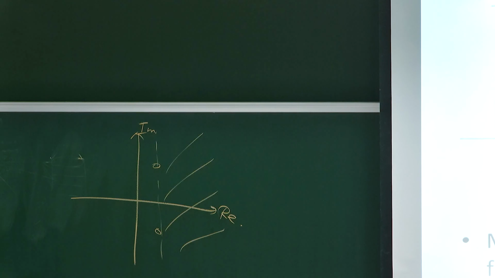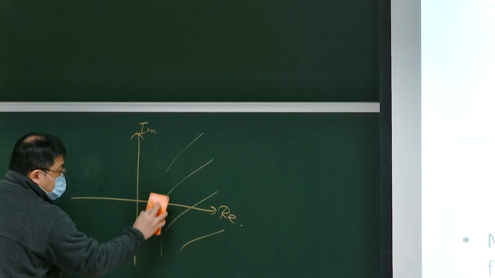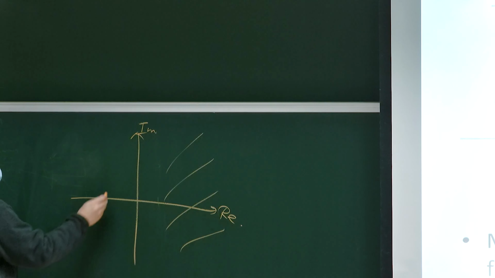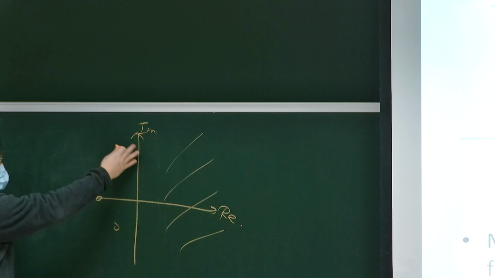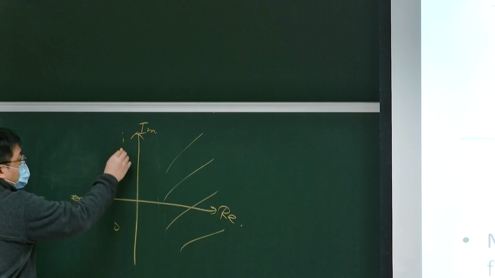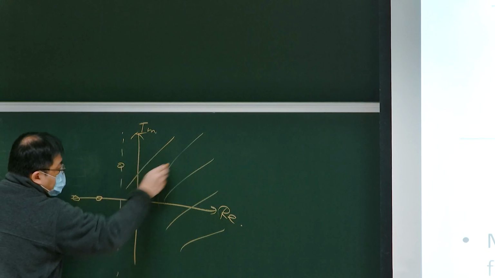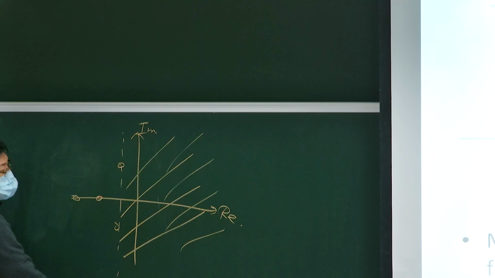So if you want a system to be stable, you must design a system where all the poles are in the left half of the s-plane. This is the only way for you to have a ROC that includes the j omega axis.